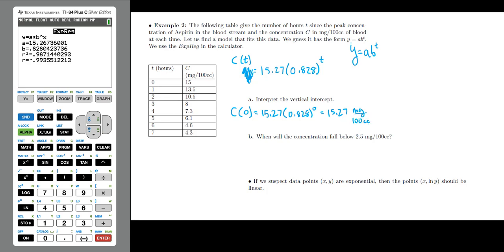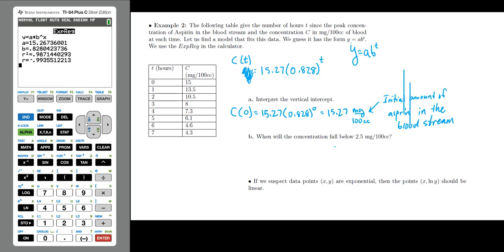And so what we're saying is that this is the initial amount of aspirin in the bloodstream. I don't know what's going on with those lines, but you can still read it. So the initial amount of aspirin in the bloodstream.